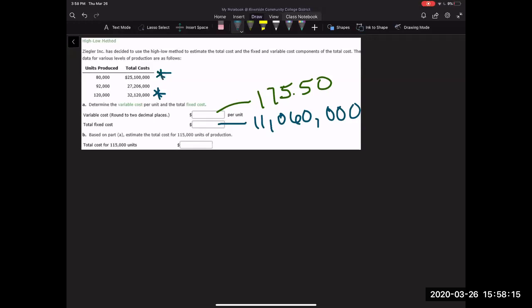So now that we have our formula, our new formula is total cost equals our fixed cost of $11,060,000 plus our variable cost of $175.50 per unit, okay? And now it's asking us to estimate what would be our total cost if we happen to produce 115,000 units.